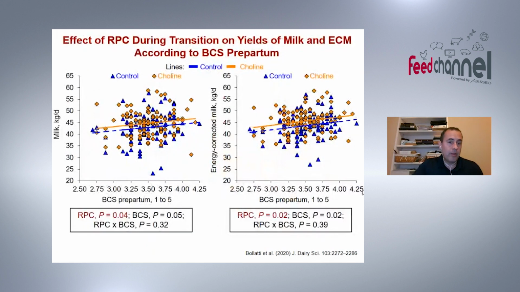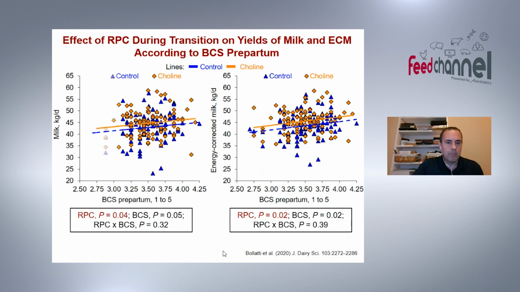But what we found was that the response to choline, which is the difference between the blue line, which is the control, and the orange line, which is the choline supplemented cows, for milk yield and for energy corrected milk yield, as well as for every response that we measured, was consistent across the multitude of body condition scores. So each dot here represents a cow in the data set. There's about 215 cows here.